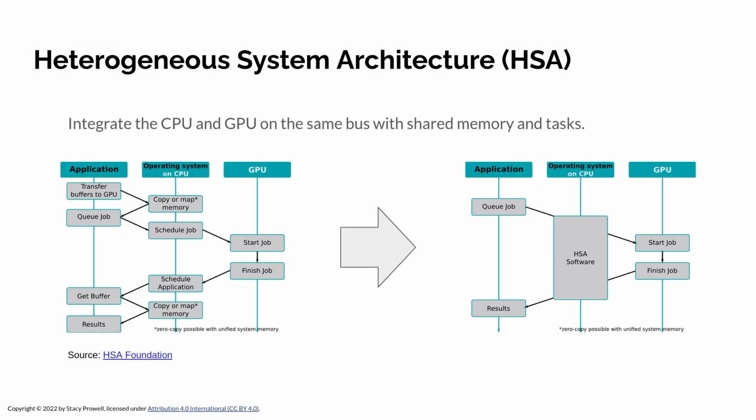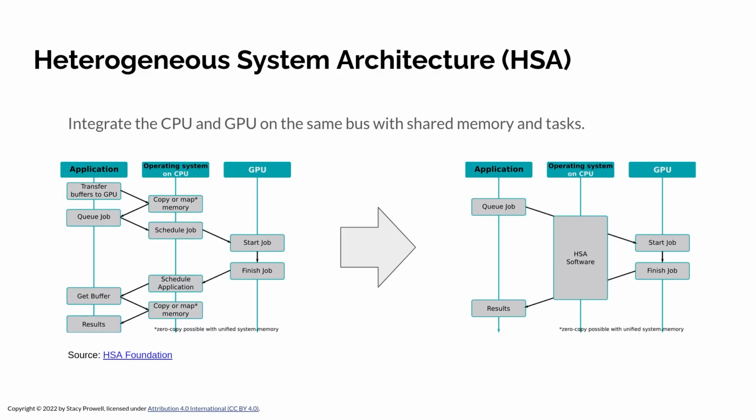More recently, we have this notion of heterogeneous system architectures. We're moving to a world where we want a combination of CPUs and GPUs to do some work. Over on the left-hand side, you can see I've got an application and I transfer some buffers to the GPU, and the CPU has to then help me copy that information over.